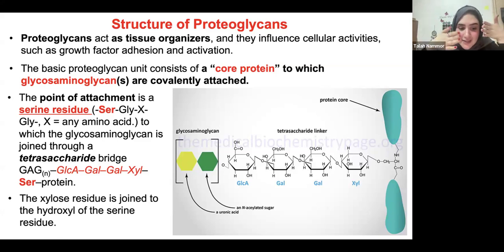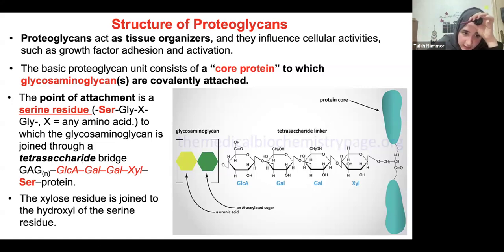So we have protein, we have glycosaminoglycan, and in between we're going to have the tetrasaccharide linker. This tetrasaccharide linker is made of different saccharides: glucuronic acid, galactose, and xylose. I don't know if you guys need to know these, but galactose, xylose, glucuronic acid.